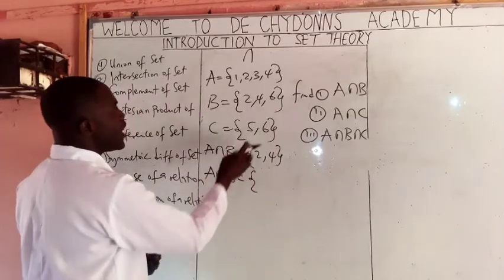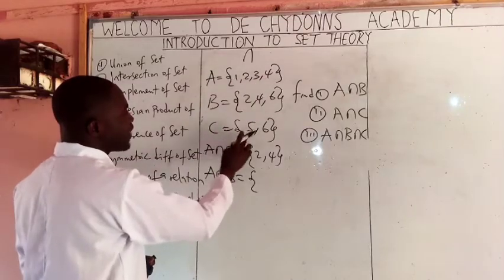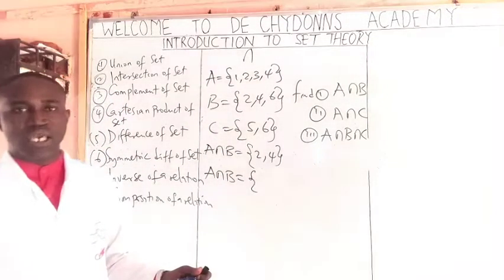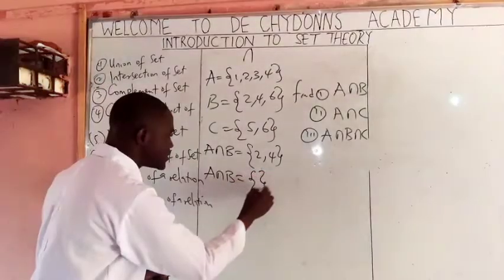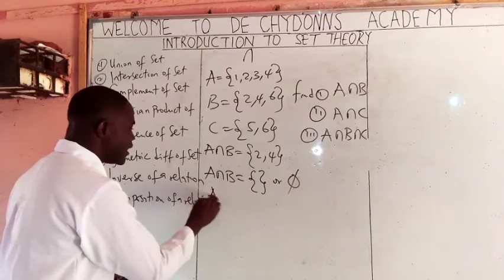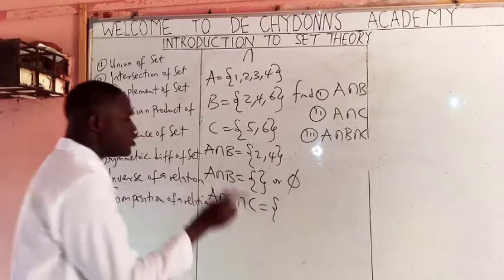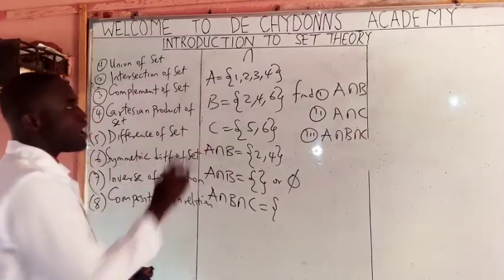You say A have 1, 2, 3, 4, C have 5 and 6. They don't have any element in common. So you say empty set, or you put it this way.